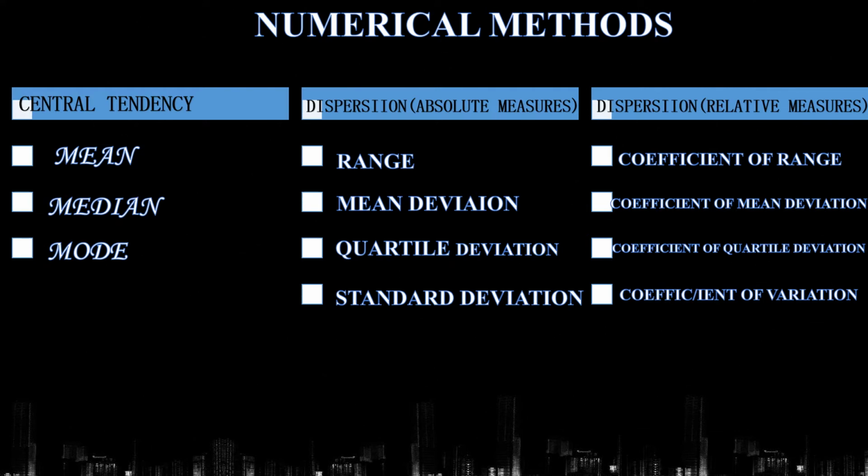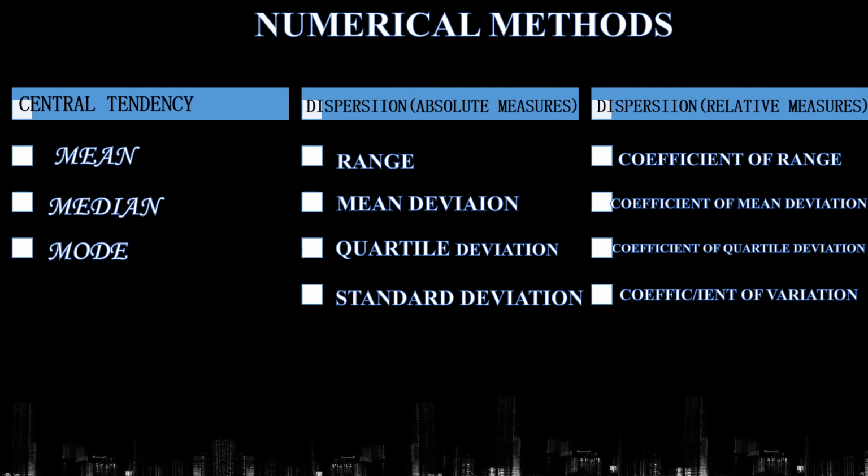We have one more measure, which is relative measure. Relative measures of dispersion are calculated as ratios or percentages. These are generally dimensionless, and they are particularly useful for making comparisons between separate data sets or different experiments that might use different units. They may also be called coefficients of dispersion.